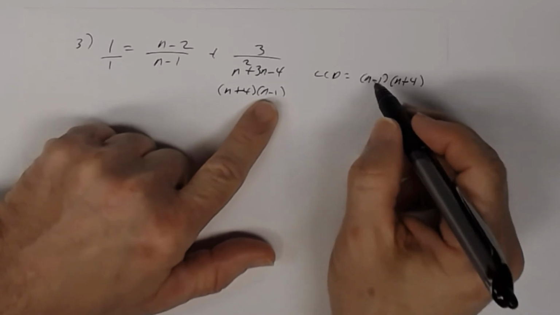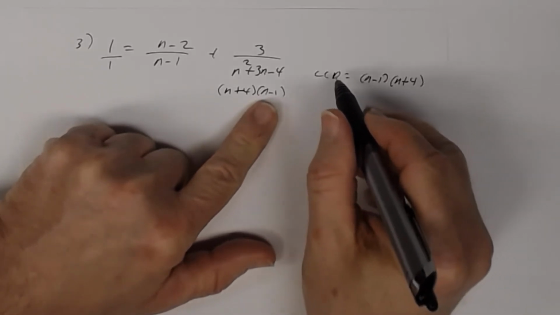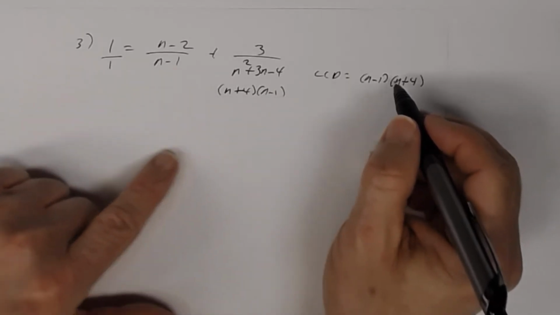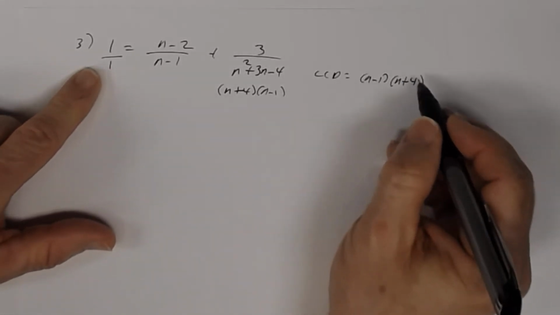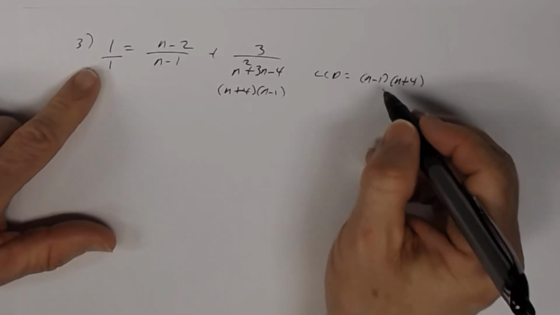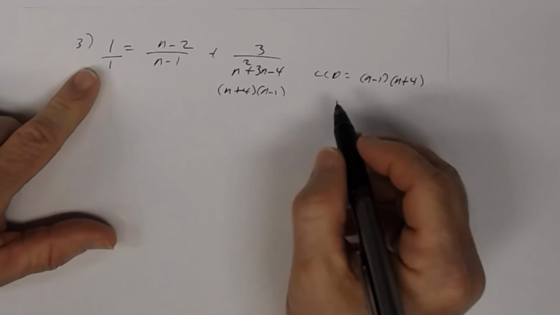The next factor is n minus 1, I already have it. Notice the parentheses though. Remember, your least common denominator is a product of all the distinct factors that you see. Now, 1 is in here because 1 is a factor of every expression, whether numerical or algebraic. Now we have to find the restrictions.